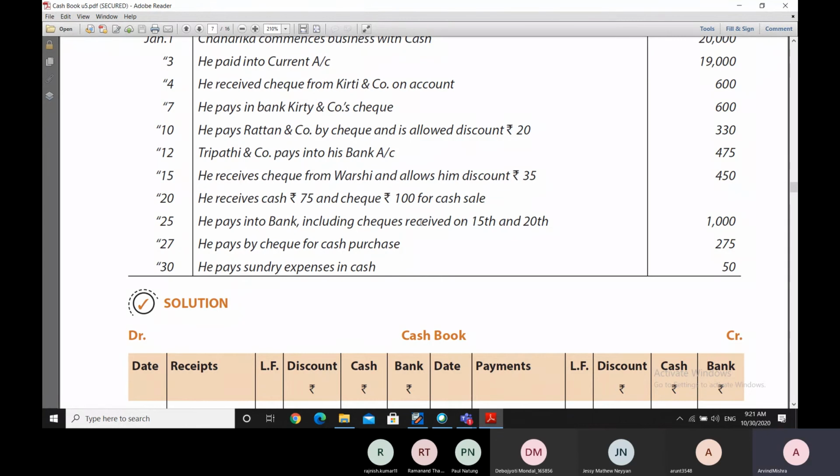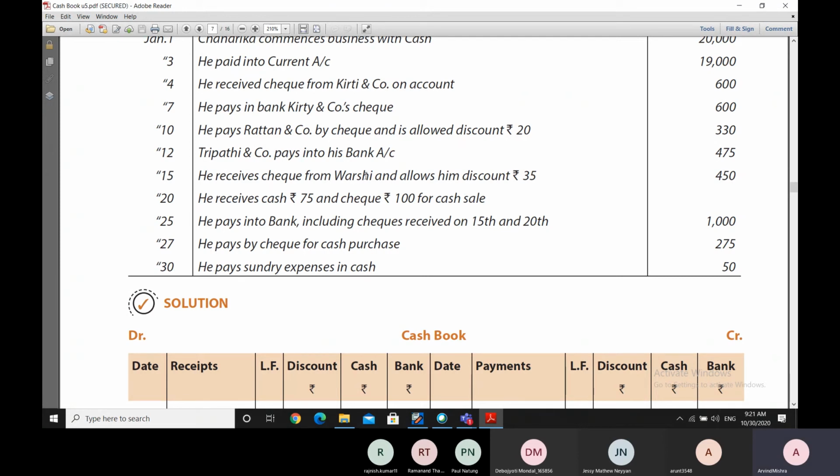So therefore all the checks which are received by him on 25th, 20th and 15th, all together he has paid these checks of 1000 rupees total, including this 100 rupees check and this 450 rupees check also. So all these checks he is putting into the bank on 25th, including some other checks which he has received. So the total checks which he has received is 1,000 rupees, and he is ultimately putting them all into the bank account.